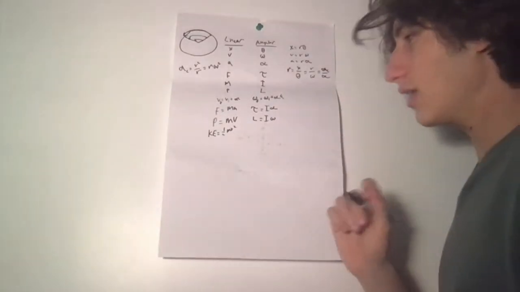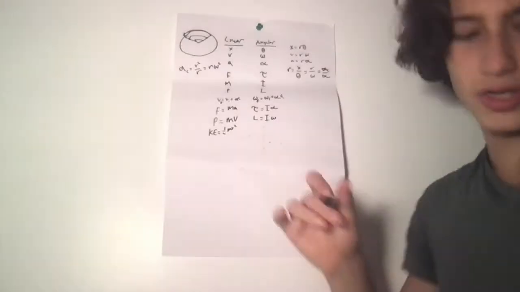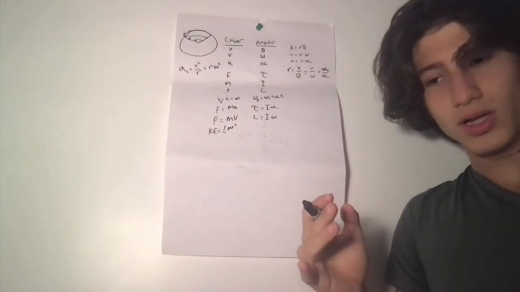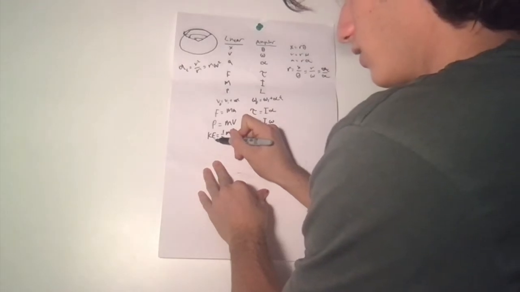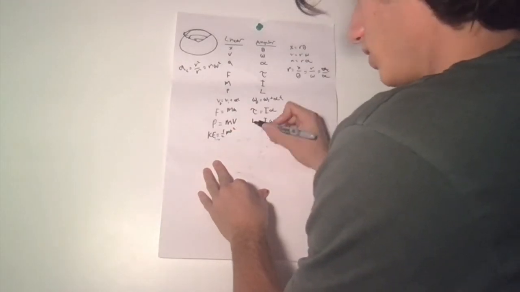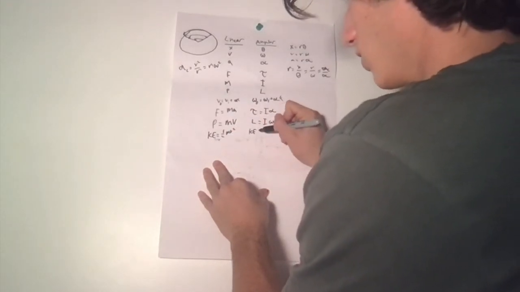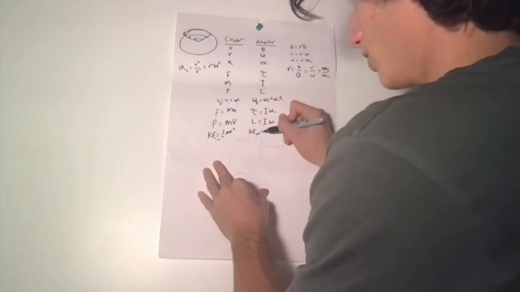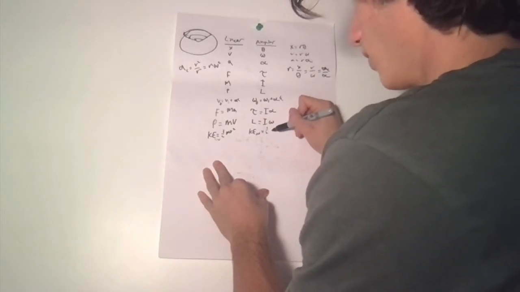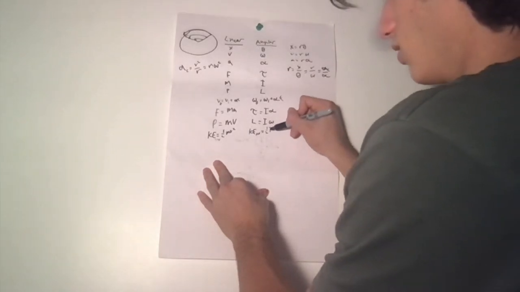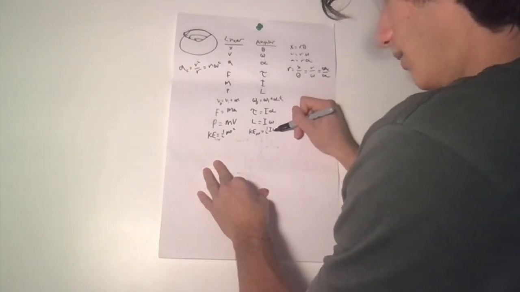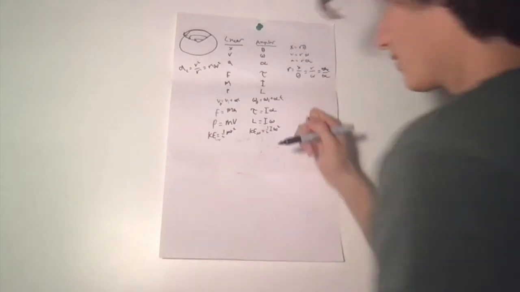And finally, energy. We define KE over here to be translational energy, and this KE should be rotational energy, equal to 1/2 inertia times angular velocity squared.